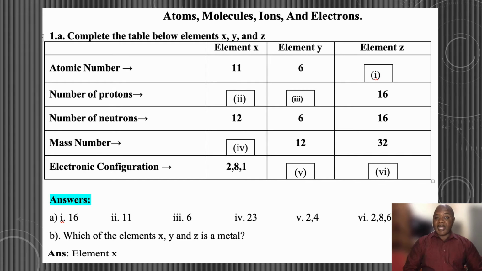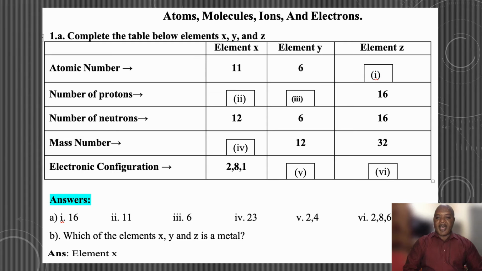And remember that atomic number is equal to the proton number. So proton number plus the neutron number will give us the mass number. Therefore, for 4, we will have 11 plus 12, which will be 23. So the mass number for element X is 23.